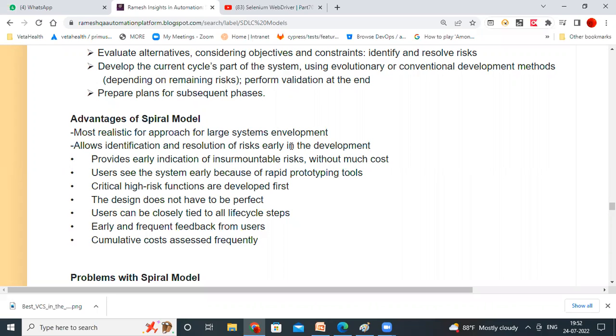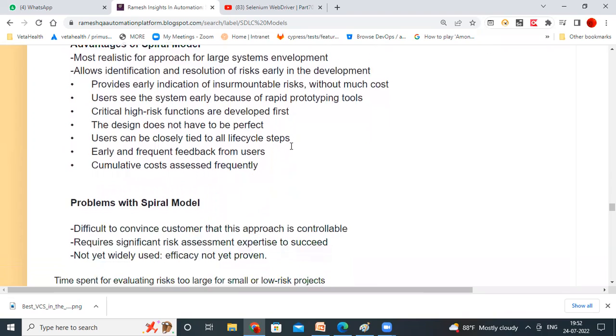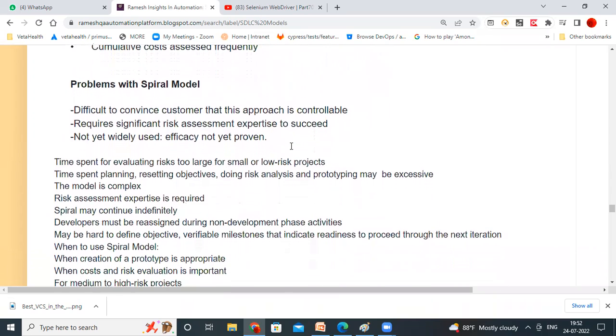If more risky projects are there, you can go for this spiral model. And also, design doesn't have to be perfect, because you can analyze the risk here. Users can be closely tied to all the life cycle steps, with early and frequent feedback from the users, and cumulative costs assessed frequently by the risk analysis person. You will check how much cost it will take, and keep on checking frequently whether any risks are there in the project.